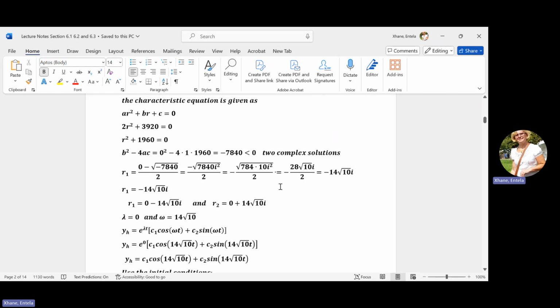So r1 is going to be 0 minus the square root of negative 7840, where the negative sign is replaced by i. 7840 is not a perfect square, but can be split up into 784 times 10, where 784 is a perfect square and the square root of it is 28. So we get negative 14 square root of 10 i. So therefore, lambda is 0 and omega is 14 square root of 10.